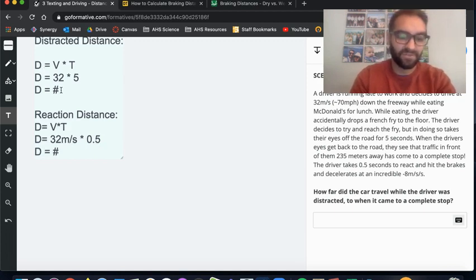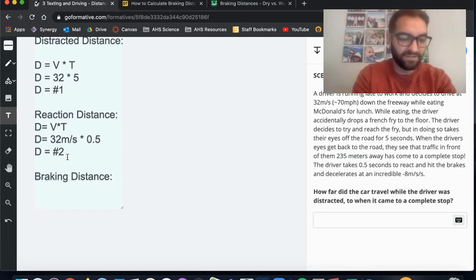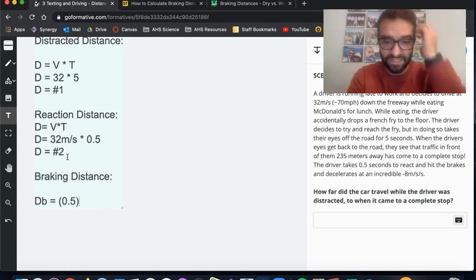And maybe I'll do number 1, number 2, and then we have our braking distance. And again, this one's a little bit harder to write on the keyboard, but I will paraphrase it a little bit. 0.5, as I said in the examples.